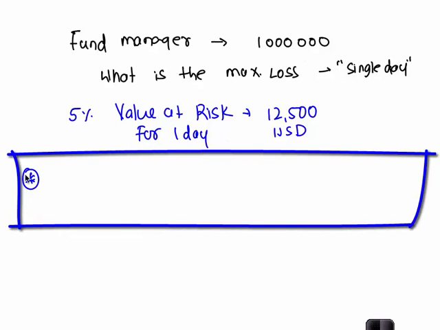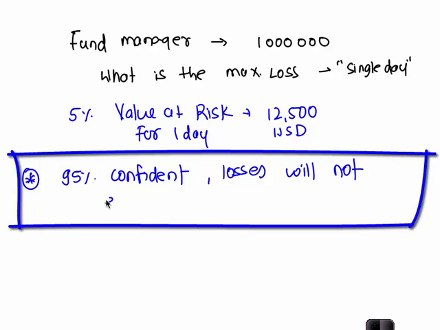The first interpretation is that you are 95% confident that your losses will not exceed 12,500 in a single day.